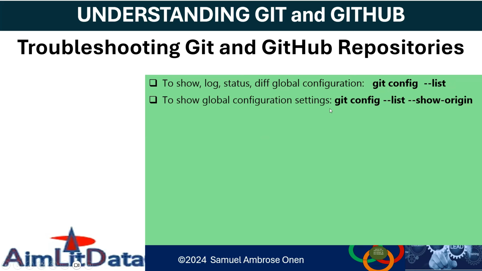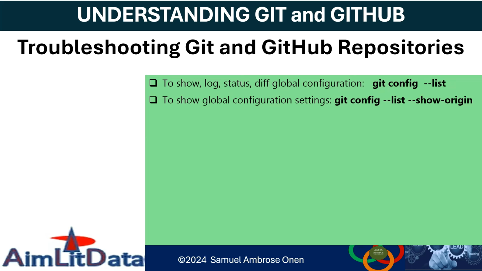This is the command you use, my friend. I just want you to see as I continue, so that you know exactly what I'm doing. At first, we have done git config --list. That one just lists the local and the global configuration settings of Git.